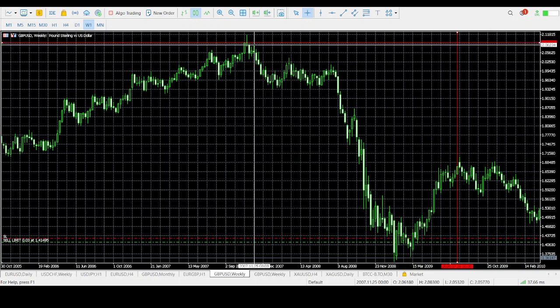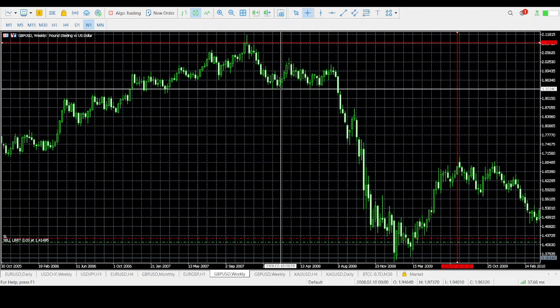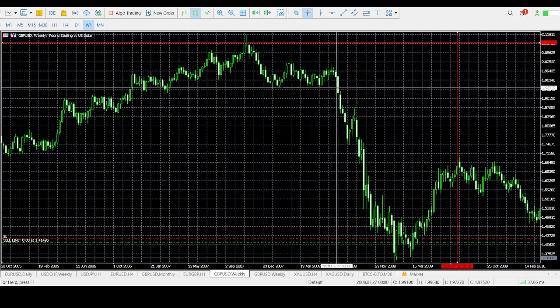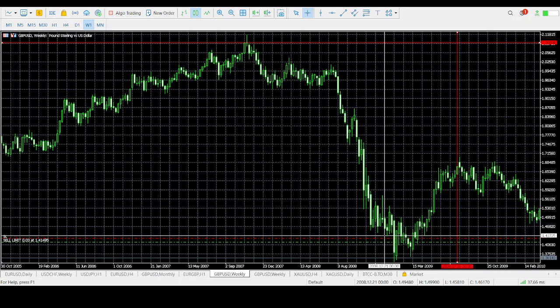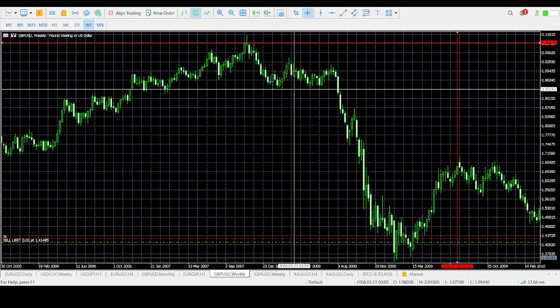So now the sell-off begins and the price drops quite a bit and comes all the way to the previous resistance level. It's bouncing off, and once it breaks this resistance level, we have a strong downtrend all the way down, which would make us a lot of money if we were in that trade.